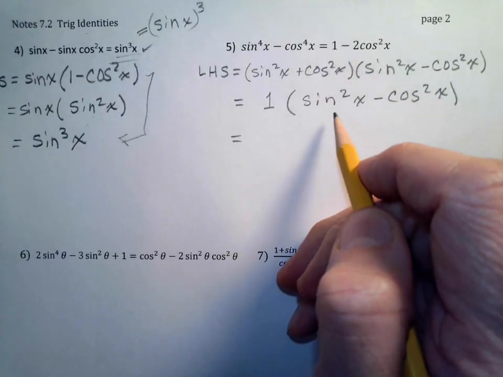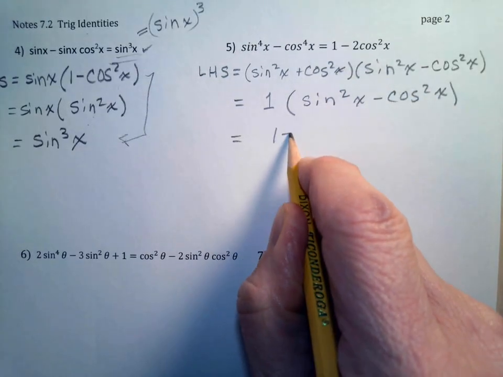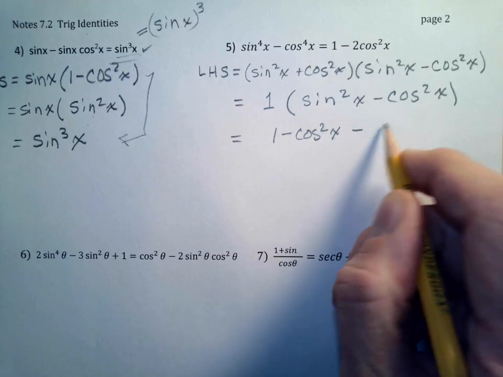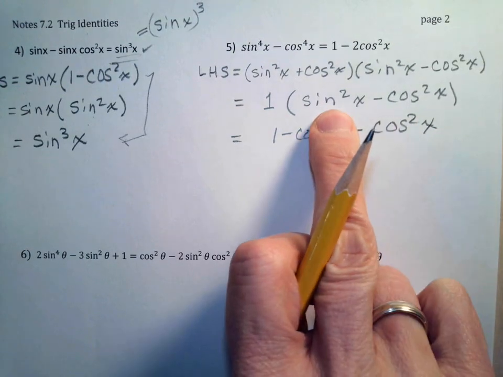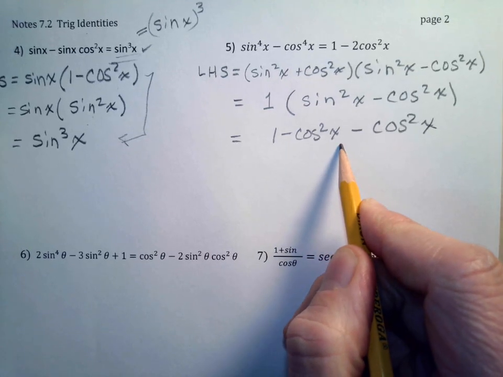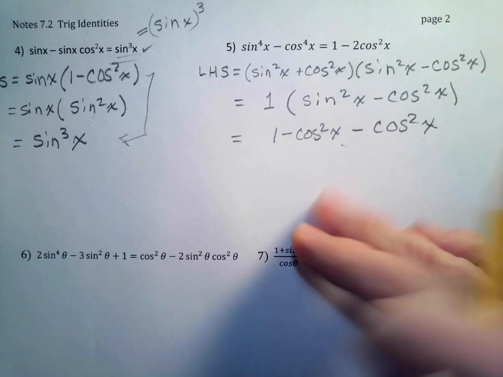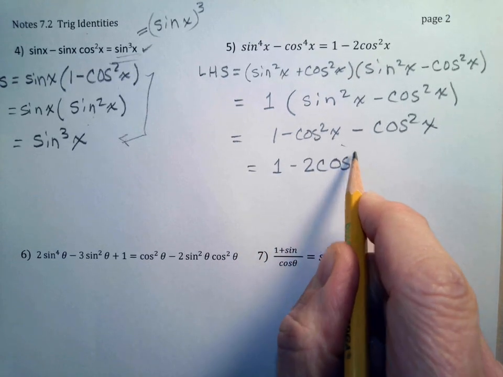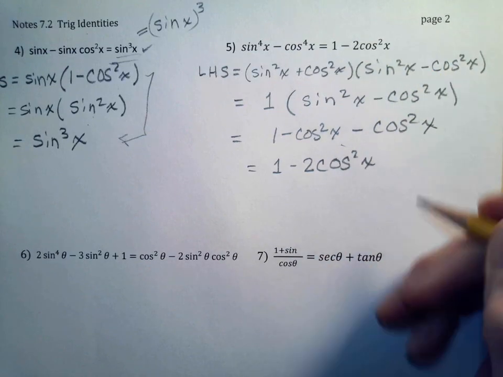So sine squared x could be written as 1 minus cosine squared x, and then minus another cosine squared x. So I've taken the sine squared x and replaced it with 1 minus cosine squared x, a version of our Pythagorean identity. And now I can just combine like terms. So this is 1 minus 2 cosine squared x. And that is what we wanted on the right-hand side. So we're good.